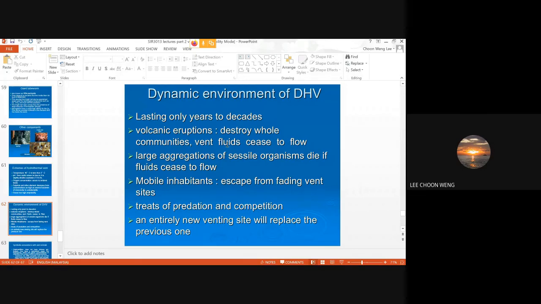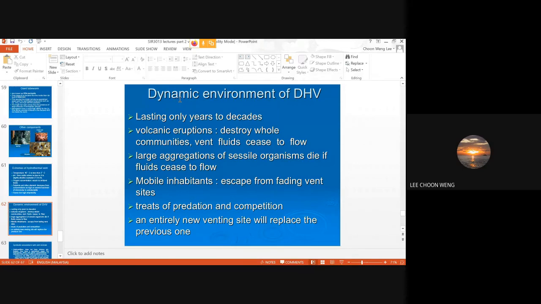So once the plume goes elsewhere, the source of warmth, the source of heat, the source of food, the source of chemicals and nutrients for the bacteria is no longer present, then the whole habitat collapses. Okay, so it is very dynamic. Dynamic means moving very fast, changing fast, a dynamic environment.